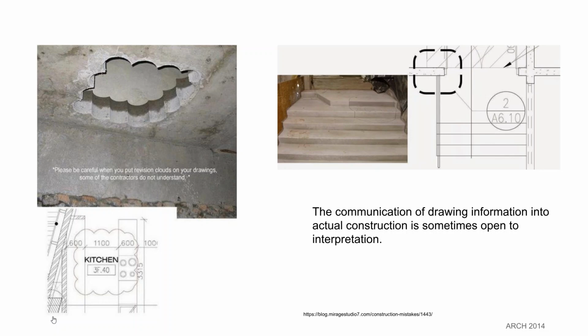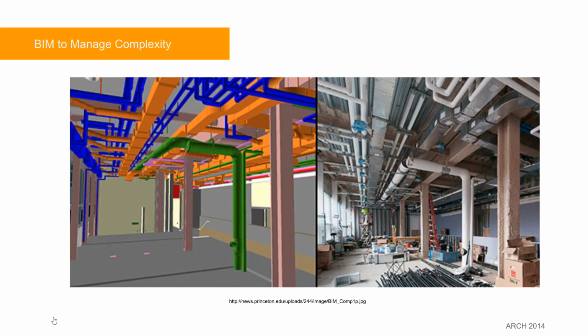So the hole in the floor is created by the idea that somebody put a cloud around the kitchen to indicate that they were pulling off that detail. And the stairway on the other side is kind of the idea that the leader line and these details were actually imprinted into the floor. But that's probably the more humorous idea of miscommunications in architectural construction.